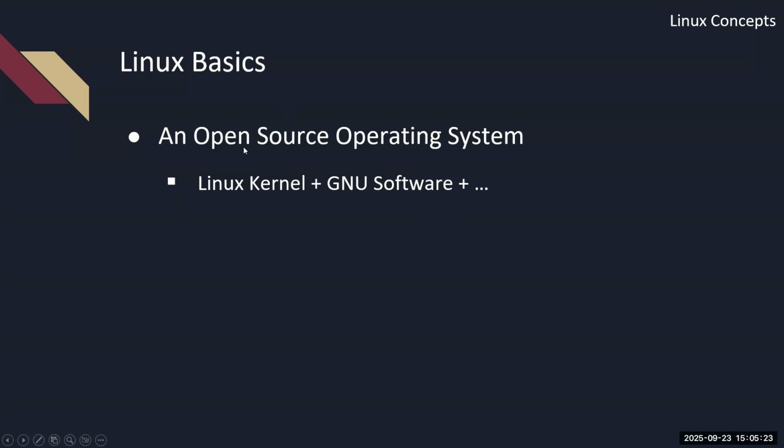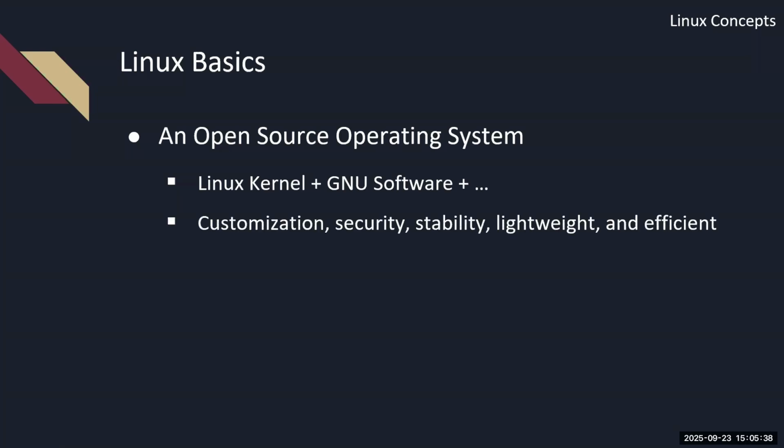When we talk about open source of Linux, it means that we are free to use the source code. We are free to modify it, and we can also distribute it. This feature makes Linux very highly customizable. How do I say that? Because we can tailor the system according to each user's specific needs.